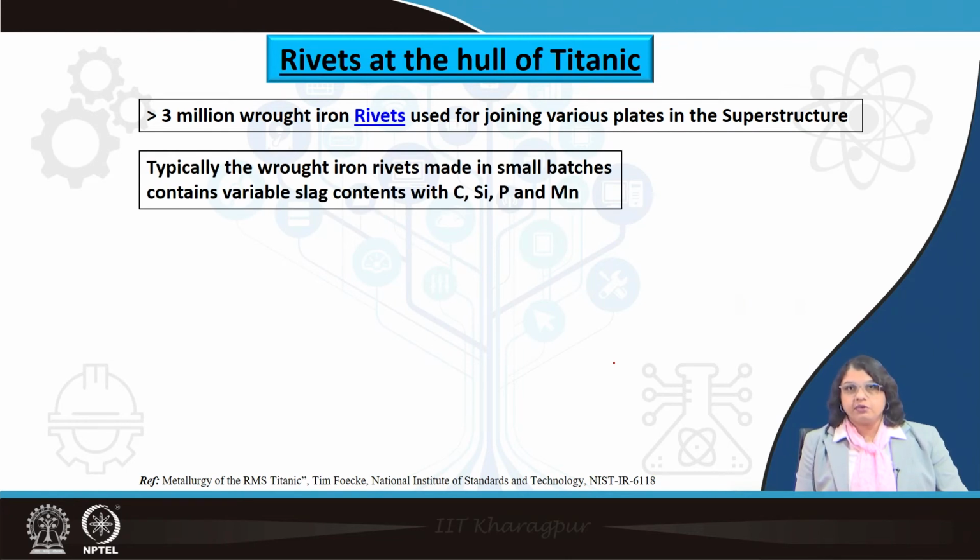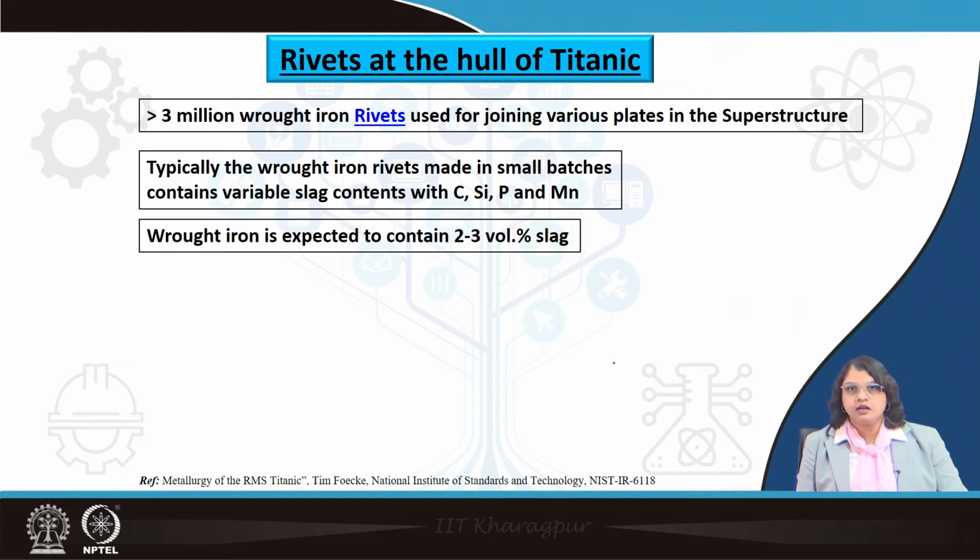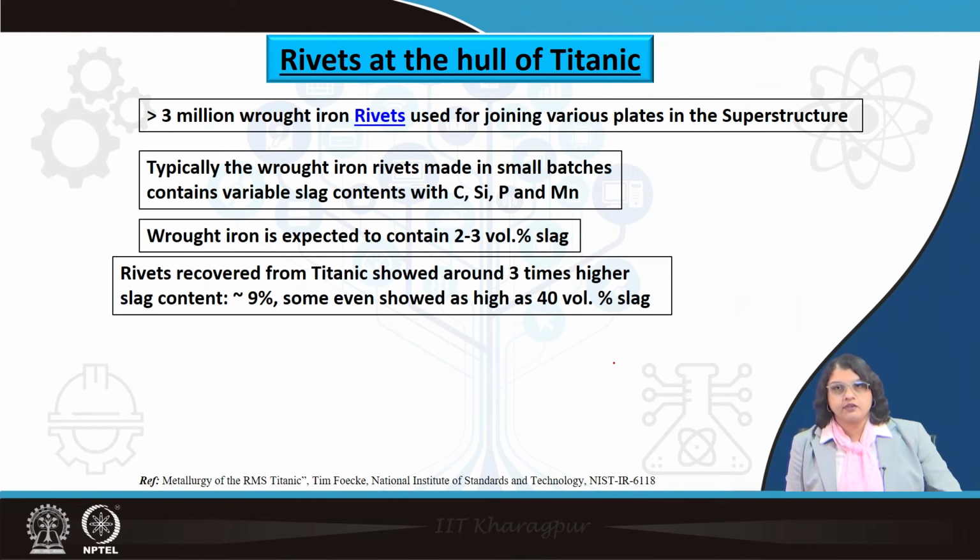Typically, the wrought iron rivets consist of slags also, and the slags mostly consist of carbon, silicon, phosphorus, manganese, etc. Wrought iron is expected to have a slag quantity of around 2 to 3 volume%, but the rivets recovered from the wreckage showed more than 9% slag. Some of the rivets even showed slag content as high as 40%.